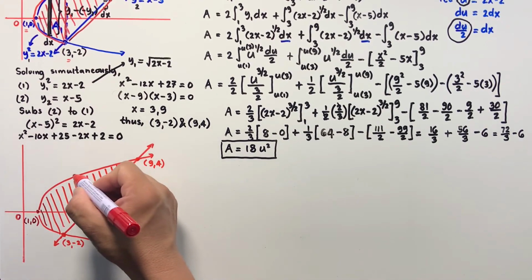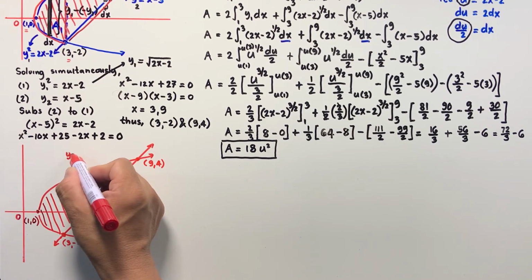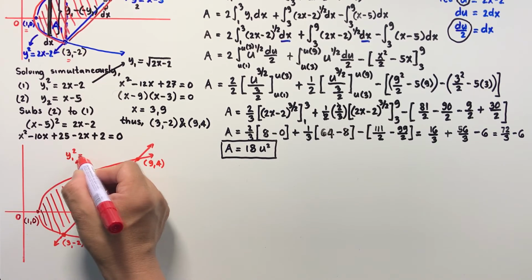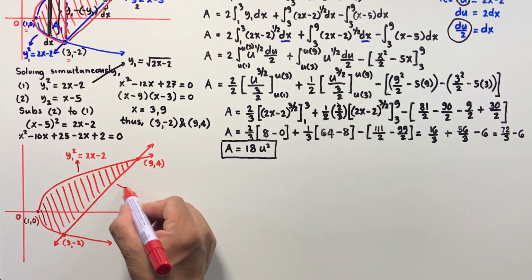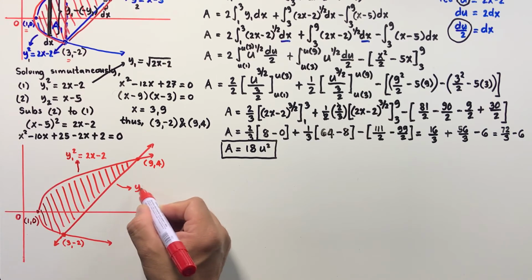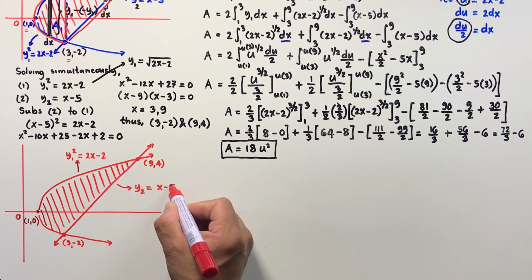Now let us label this one by its function. So this is y sub 1 squared, which is equal to 2x minus 2. And this one also is our second function, y sub 2, which is equal to x minus 5.